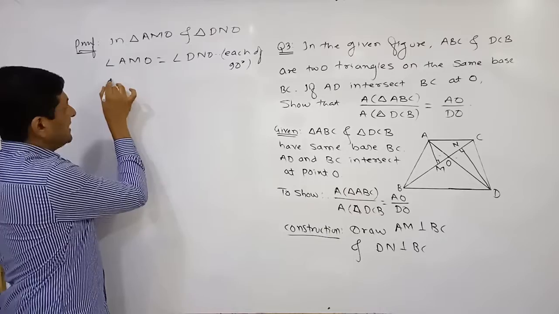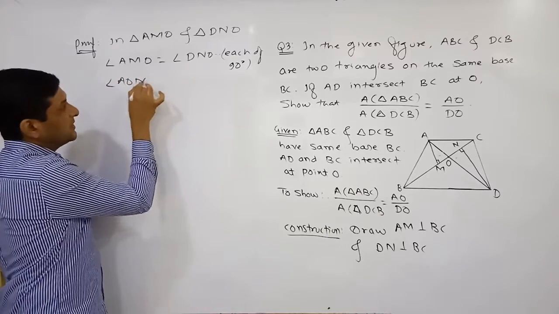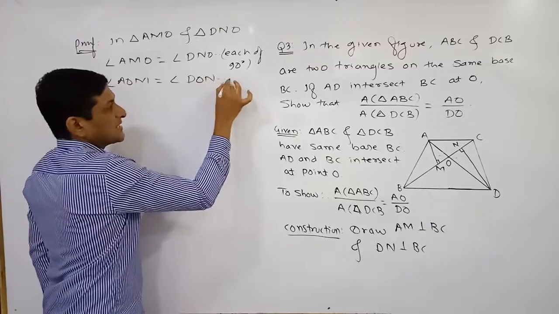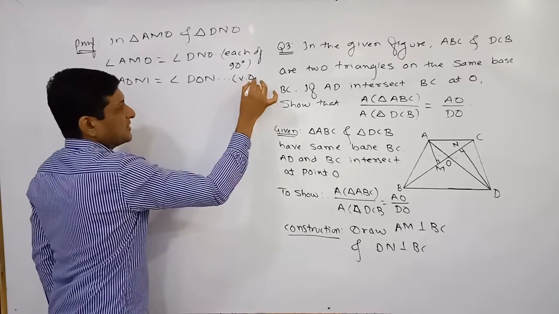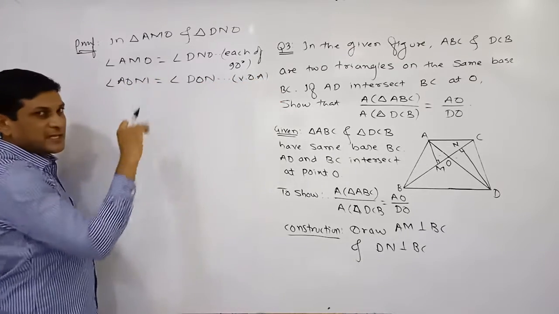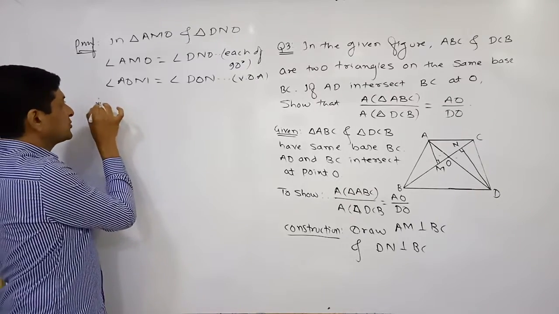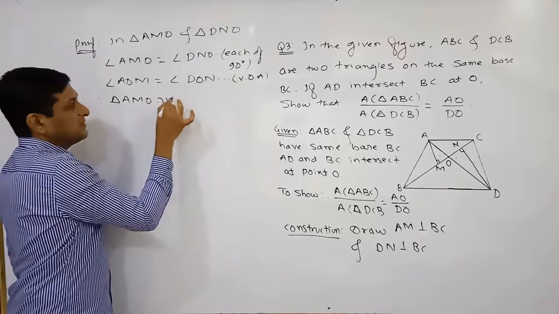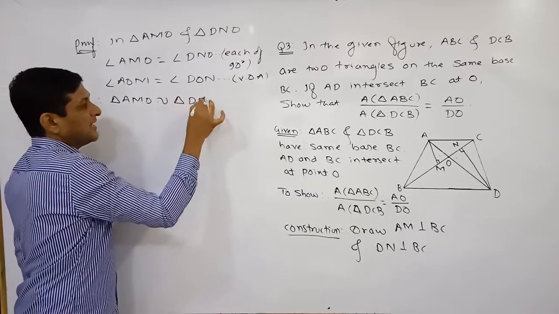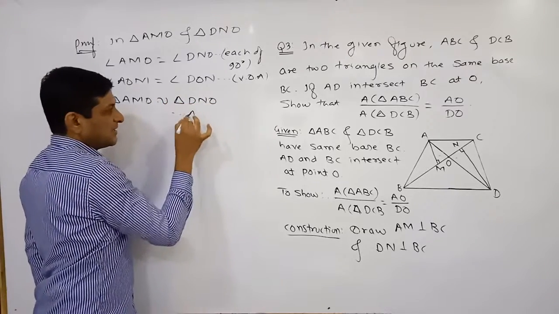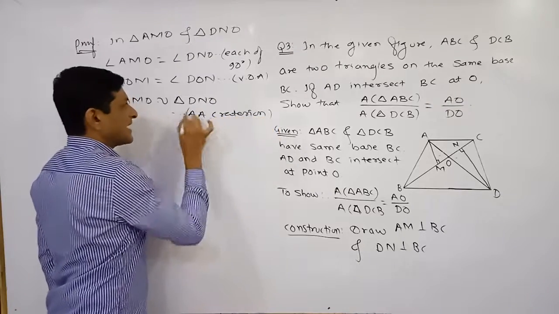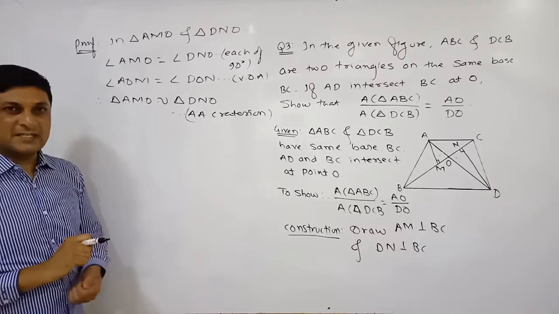Again, the second angle AOM is equal to angle DON. These two angles are also equal because these are vertically opposite angles. Since two angles are equal, we can say that these two triangles are similar. So triangle AMO is similar to triangle DNO by AA criterion.